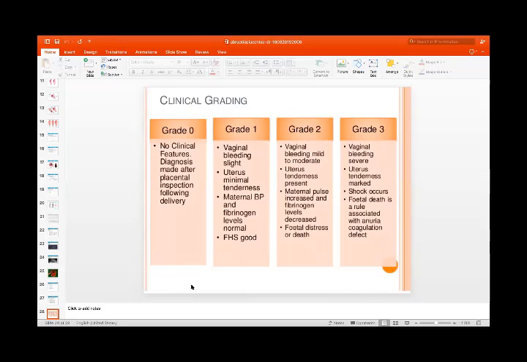Uterine tenderness is present, there is maternal tachycardia, fibrinogen levels are decreased, and there is fetal distress or fetal death. So this is grade 2. In grade 3, vaginal bleeding is severe, the uterus is markedly tender, the patient is in shock, fetal death occurs, and it is associated with anuria or coagulation disorder.